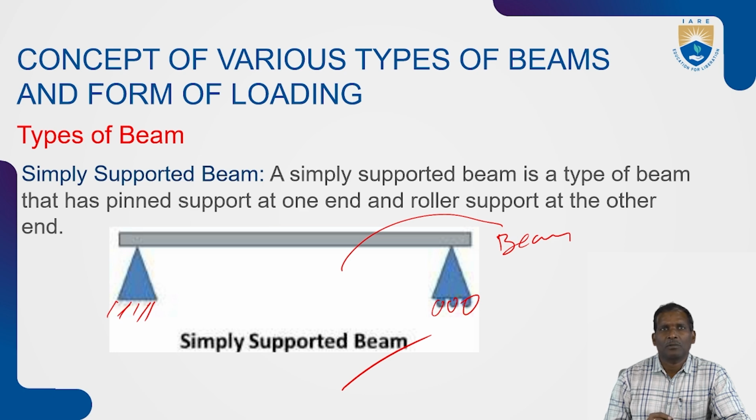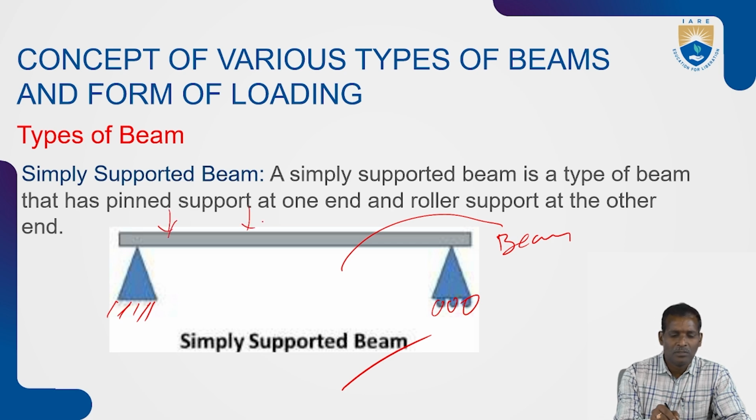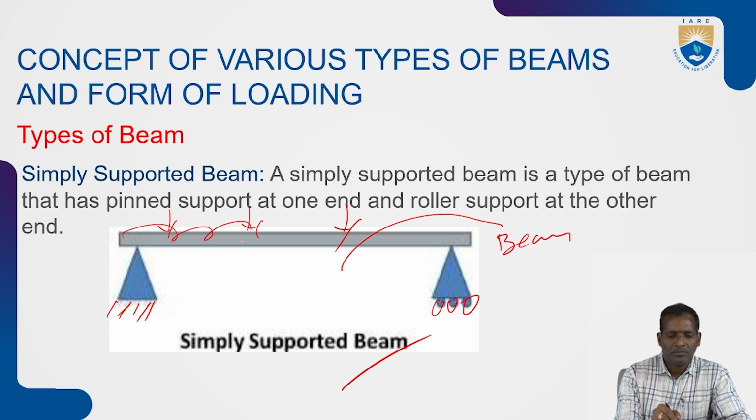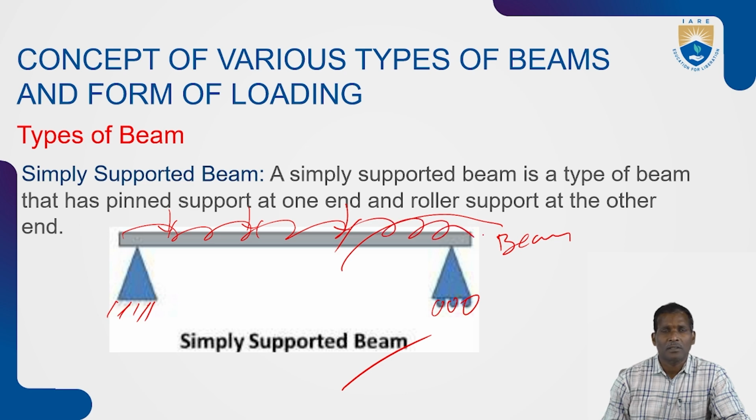This type of beam is a simply supported beam. It carries different types of vertical loads and UDL loads. I will tell you in the next session what this UDL and vertical forces are.